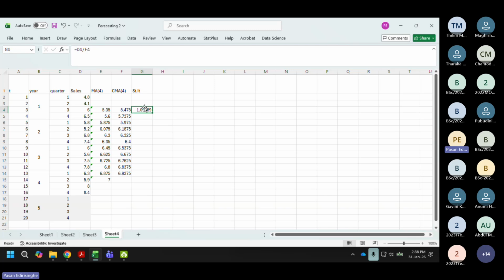So I can define it like that. We just remove that trend part, leaving this ST and IT.